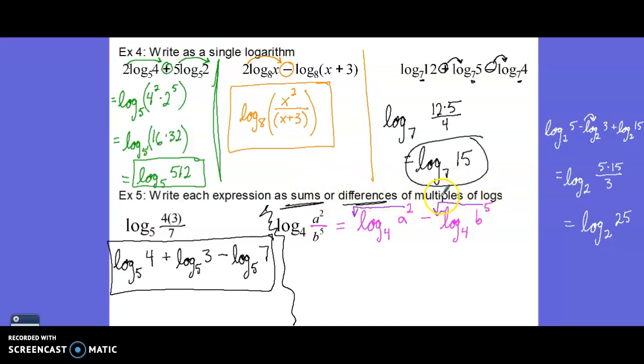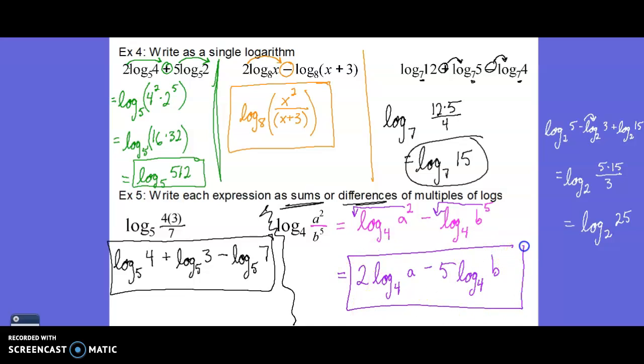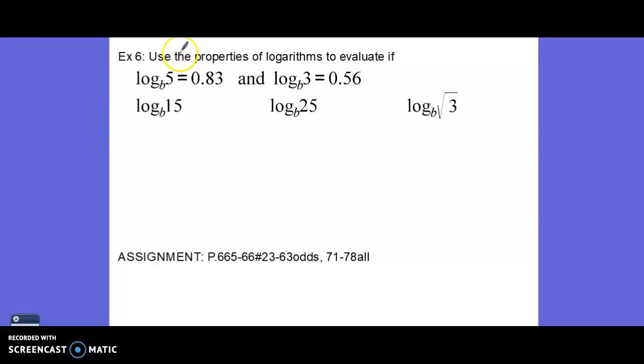This is the key phrase of multiples of logs. That means they don't want exponents. So the answer that we're looking for is 2 log base 4 of a minus 5 log base 4 of b. All right. Again, pause the video, write down things, make sure you understand before you attack the homework.